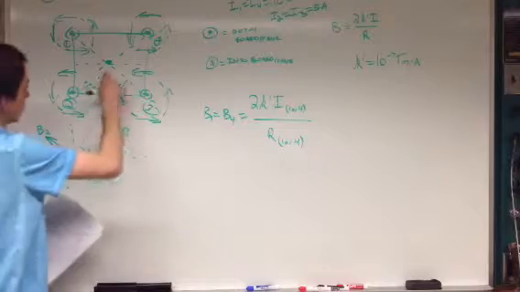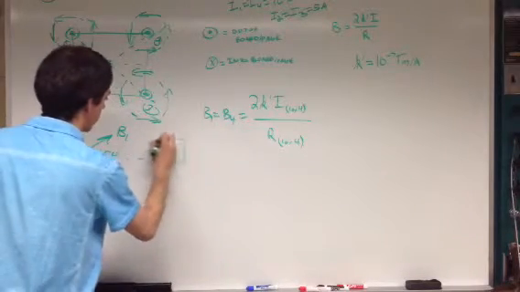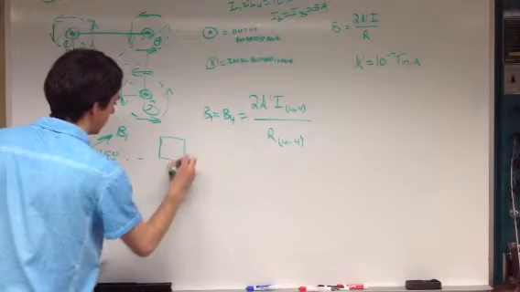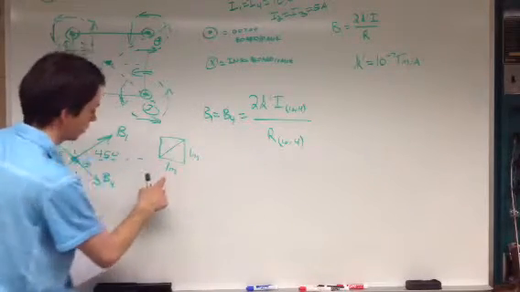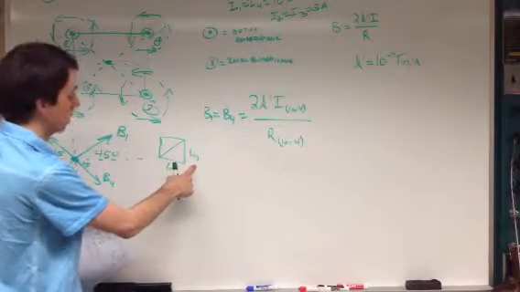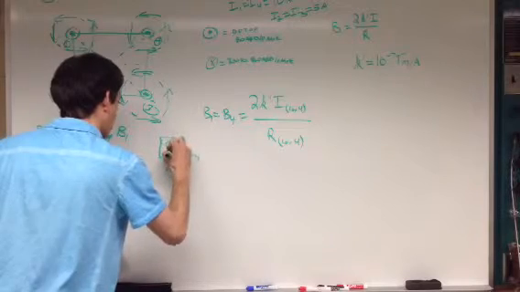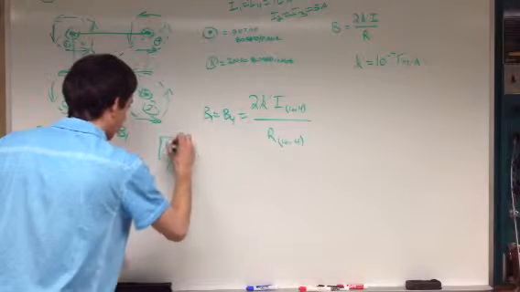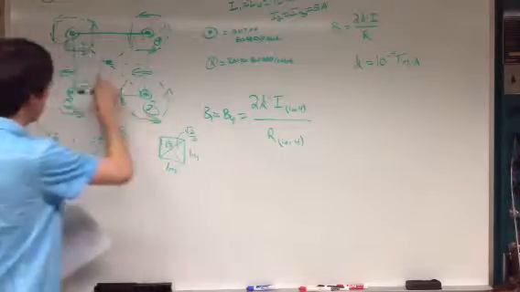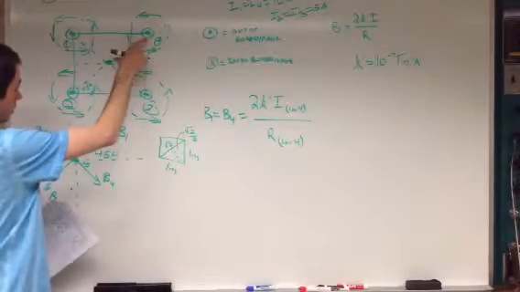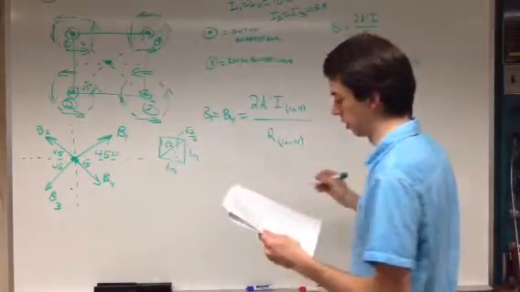Now the question is, what's this side length? So if I just quickly redraw this square, just for clarity, 1 meter, 1 meter, so that Pythagorean theorem, this is 1 squared plus 1 squared, square root of that, so this is radical 2. So half of that here is radical 2 over 2. This is radical 2 over 2, this is radical 2 over 2, together they're radical 2. So your r for all these is radical 2 over 2.